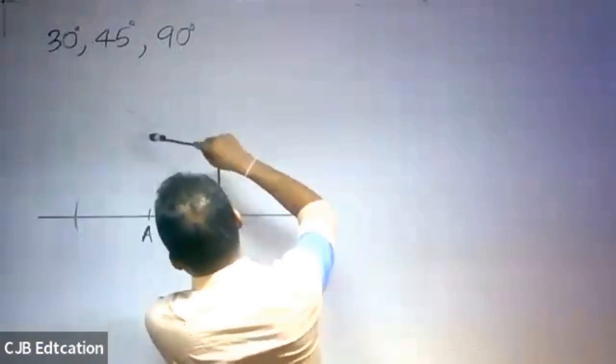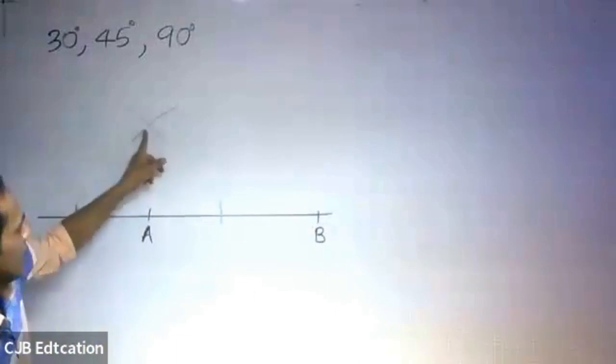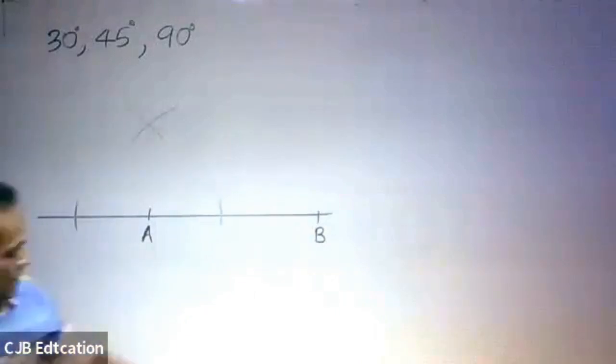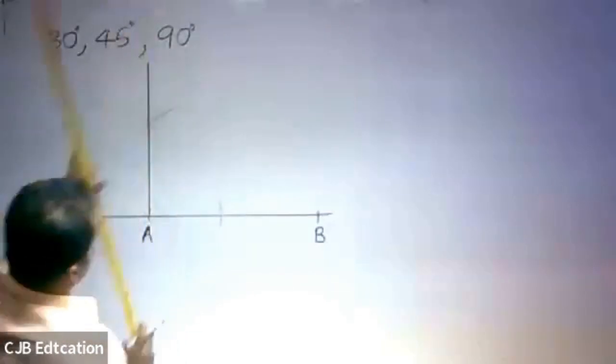The intersection of arcs on the straight line, and then we can connect these two arcs to the point A. And this is the way to construct the 90-degree angle. Is that clear?